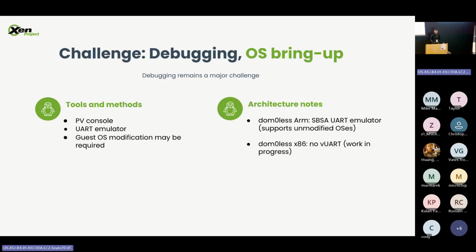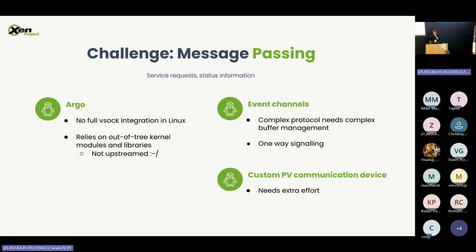And there's also the UART emulator framework, which is available on ARM for free for DomU, but for DomU on x86, it's not ready. The work is ongoing. Hope there will be progress soon. The next thing to mention would be the message passing interface between the VMs. There is the Argo hypercall with the infrastructure.